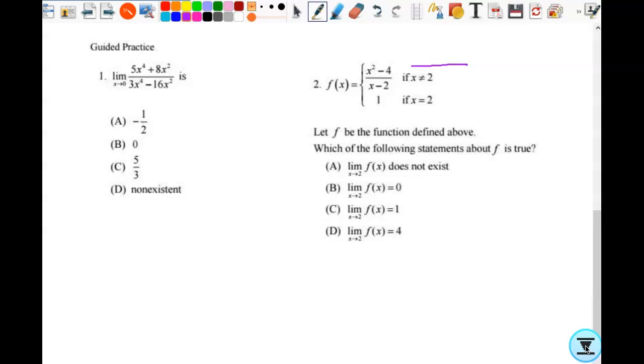So if we factor this, I get the limit as x approaches 0. In the numerator, what am I going to factor out? x squared. That leaves me with 5x squared plus 8. In the denominator, x squared leaves me with 3x squared minus 16.